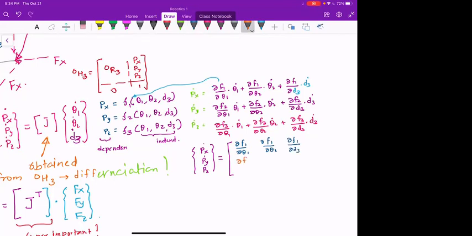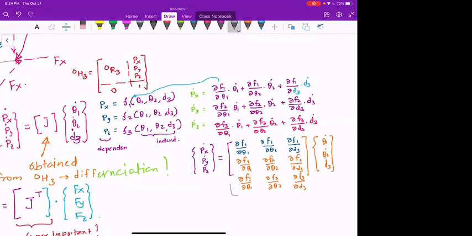This is becoming partial f2 theta 1, partial f2 theta 2, partial f2 partial d3, last but not least partial f3 theta 1, partial f3 theta 2, partial f3 partial d3. And then you're going to have theta 1 dot, theta 2 dot, and d3 dot.